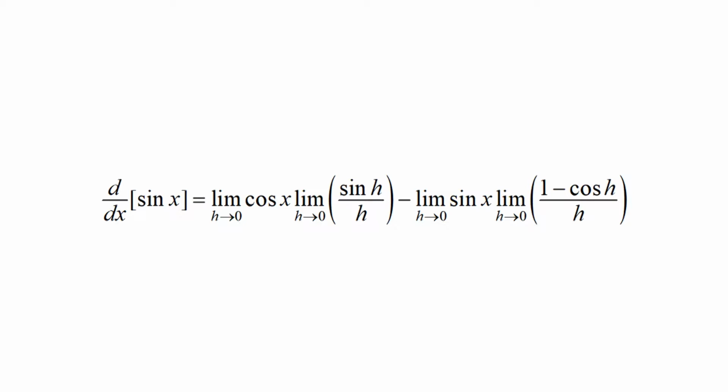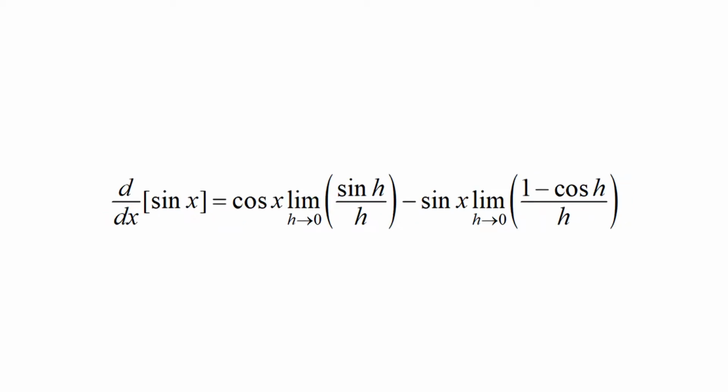As sin x and cos x do not involve h, the limit h tends to 0 of cos x equals cos x and the limit h tends to 0 of sin x equals sin x, and hence the above gives d by dx of sin x equal to cos x into limit h tends to 0 of sin h by h minus sin x into limit h tends to 0 of 1 minus cos h by h.